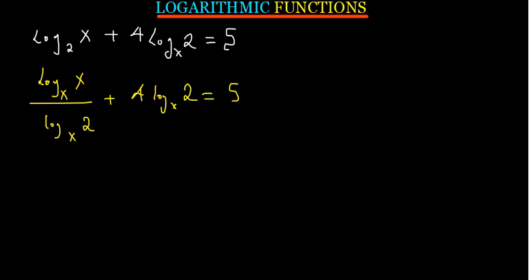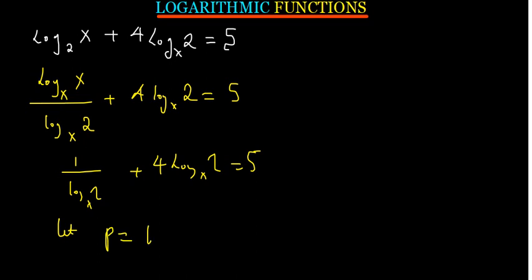We know log of x in base x is 1, so 1 divided by log base x of 2 plus 4 log in base x of 2 is equal to 5. So at this point I'll let p be equal to log in base x of 2. So this is going to be 1 over p plus 4p, equal to 5.